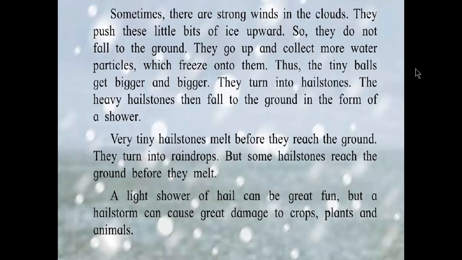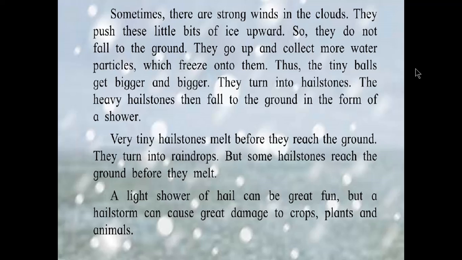Sometimes there are strong winds in the clouds. They push these little bits of ice upward so they do not fall to the ground. They go up and collect more water particles which freeze onto them. Thus, the tiny balls get bigger and bigger. They turn into hailstones.